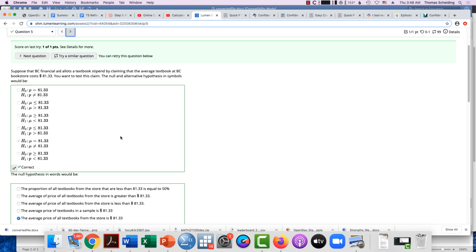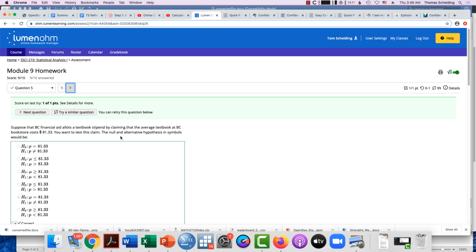This is somewhat similar here. I've got a textbook where the bookstore says it cost $81.33. Others say it's not. So again, these would be populations, not samples, not sample proportions.